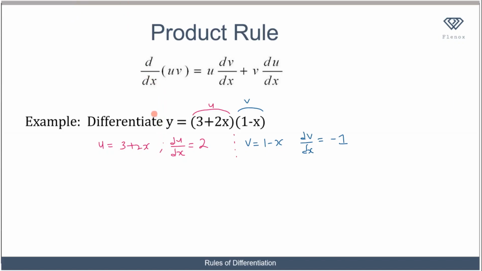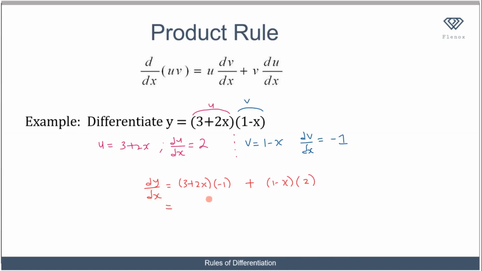Now dy over dx will be equal to u based on the formula, which is 3 plus 2x, times dv over dx, which we found to be minus 1, then plus v, which is 1 minus x, times du over dx, which we found to be 2.